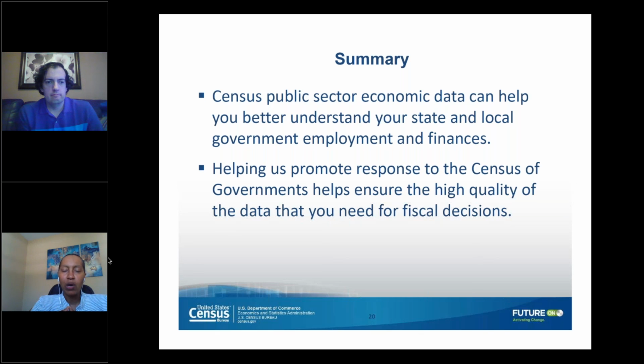And to piggyback on what Randy said, it's important that we get these data because these are the data that are used to make these types of decisions when you talk about the flow of funds, things that flow from the state to local government. So it's important that we have a full scope of high quality data so that we can make the correct fiscal decisions.